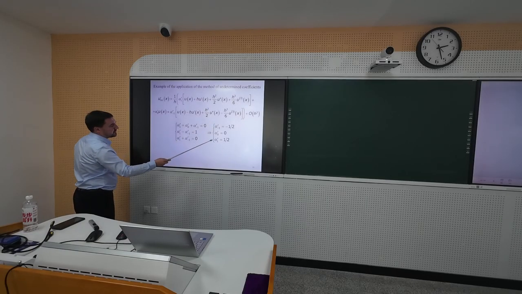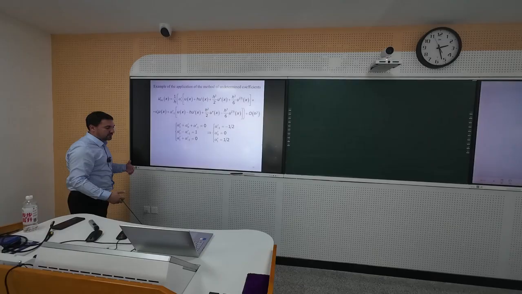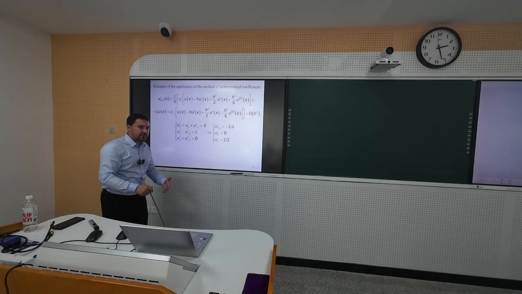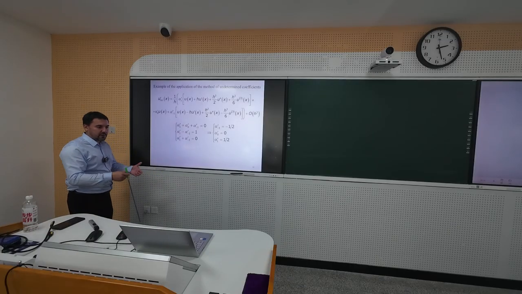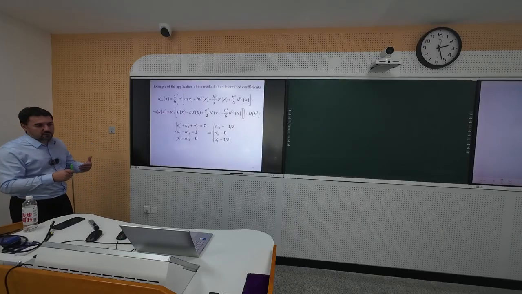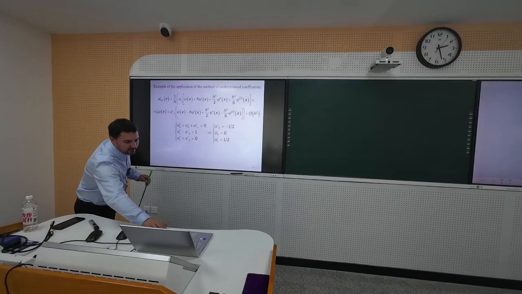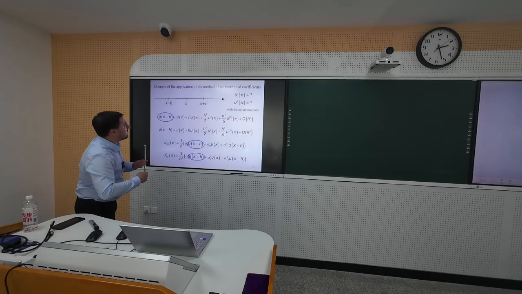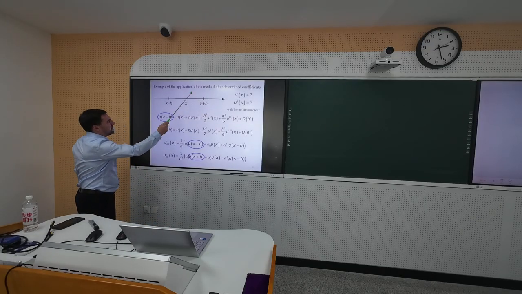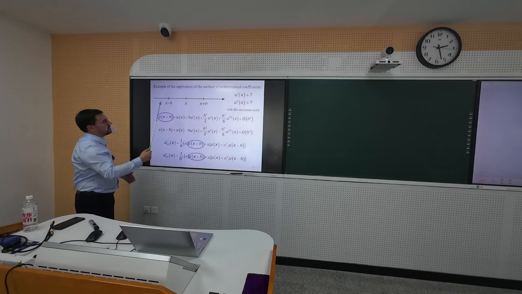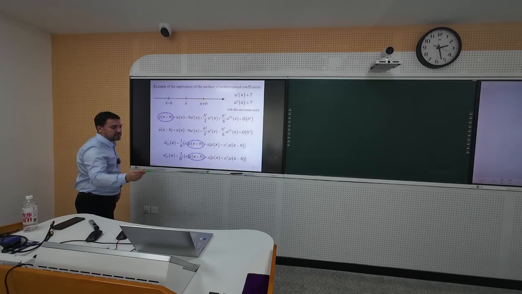Alpha minus 1, alpha 0, and alpha 1. So once again, what did we try to do? We tried to build the most accurate formula for approximation of the first and second derivative at the point x, taking into account the values here and here. So we believe that we know the values of our green function at these 3 points, and we need to compute the first and second derivative here.